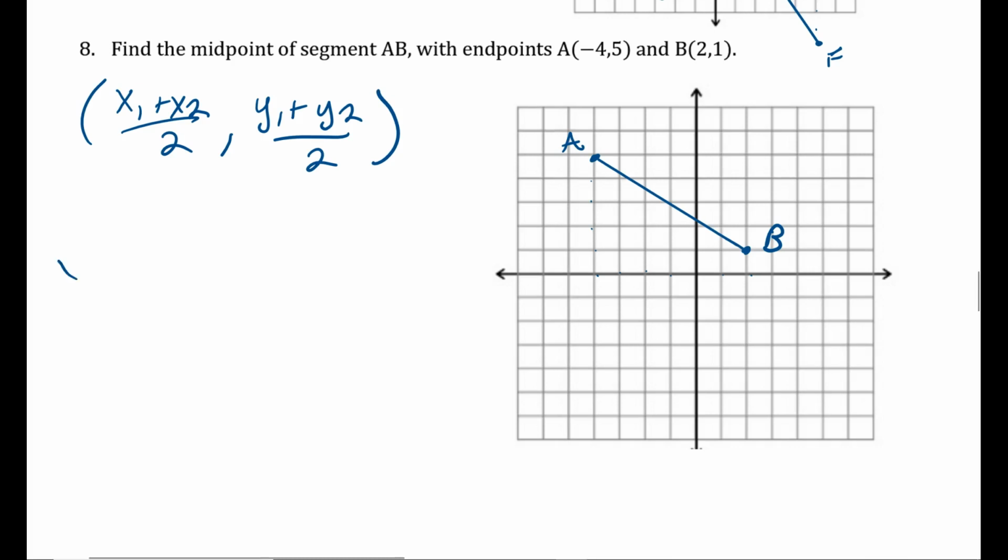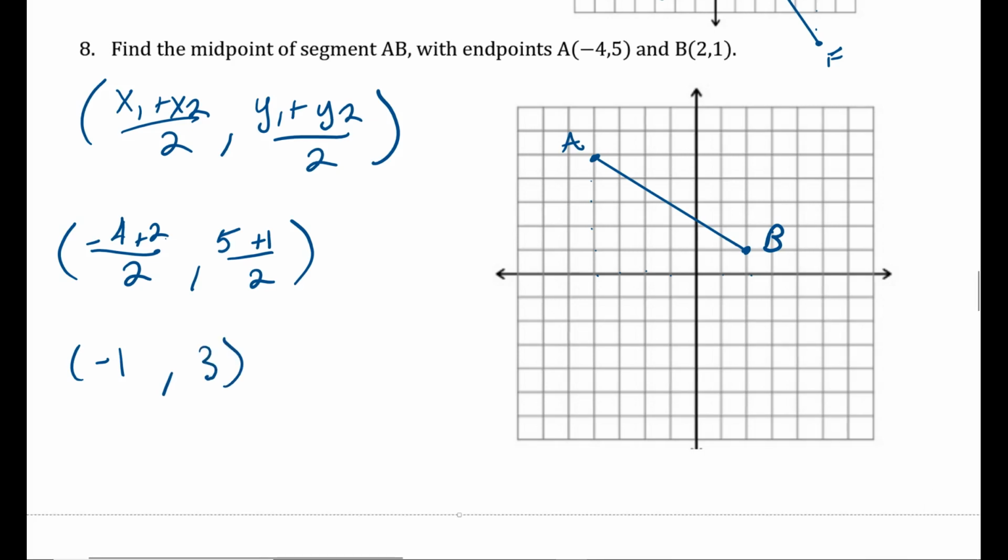So, in this case, negative 4 plus 2 over 2 is going to be my x-coordinate, and 5 plus 1 over 2 is going to be my y-coordinate. So negative 4 plus 2 is negative 2, divided by 2 is negative 1, and 5 plus 1 is 6, divided by 2 is 3.